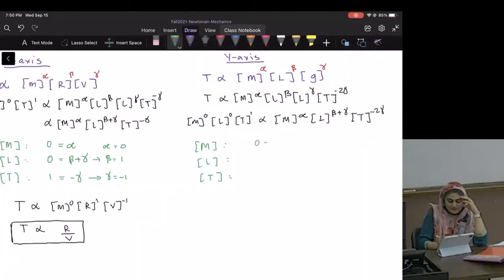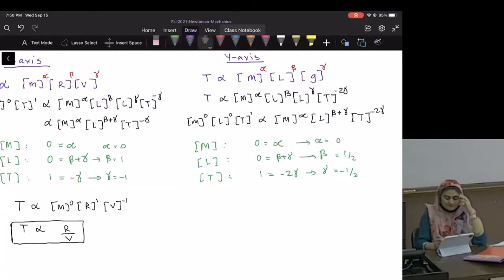This will just be 0 equals alpha and 0 equals beta plus gamma, and 1 equals minus 2 gamma, which gives me gamma as minus a half, and beta as a half, and alpha as 0.